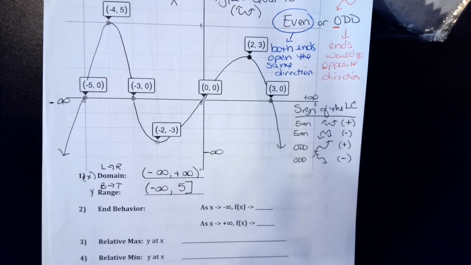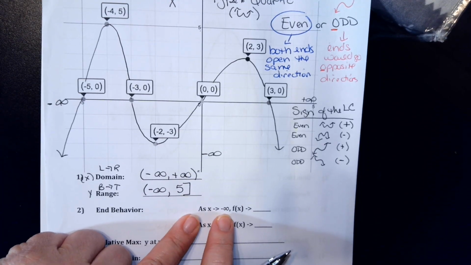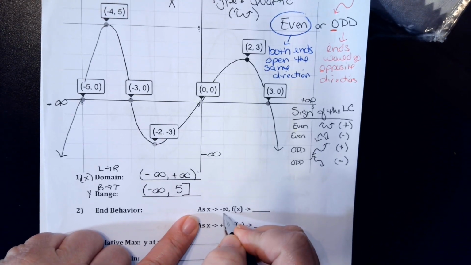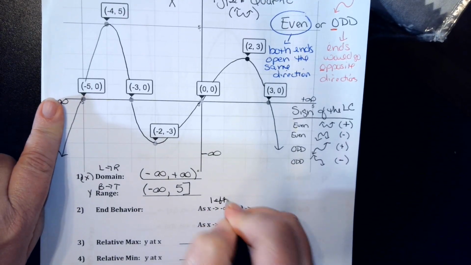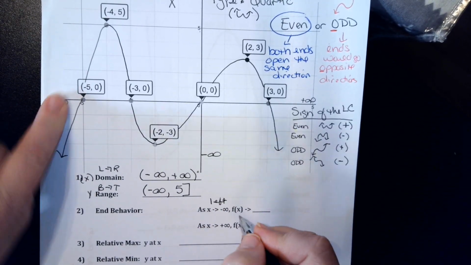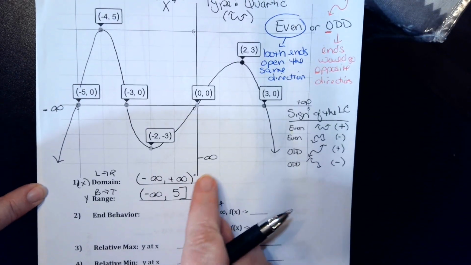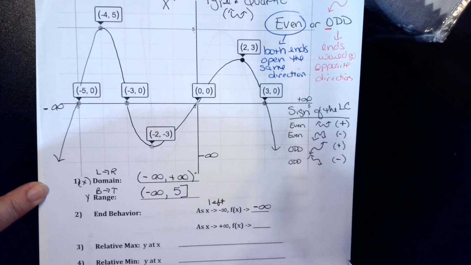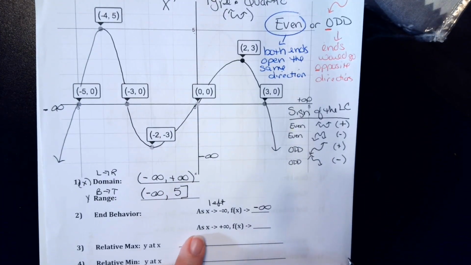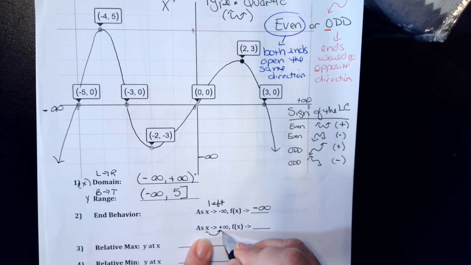Alright, end behavior: as x approaches negative infinity. Where is x negative? X is negative on the left side. So it's saying, on the left side of the graph, what's the y doing? Well, the y is going down forever. So what is it approaching? It's approaching negative infinity. As x approaches positive infinity, where is x positive?